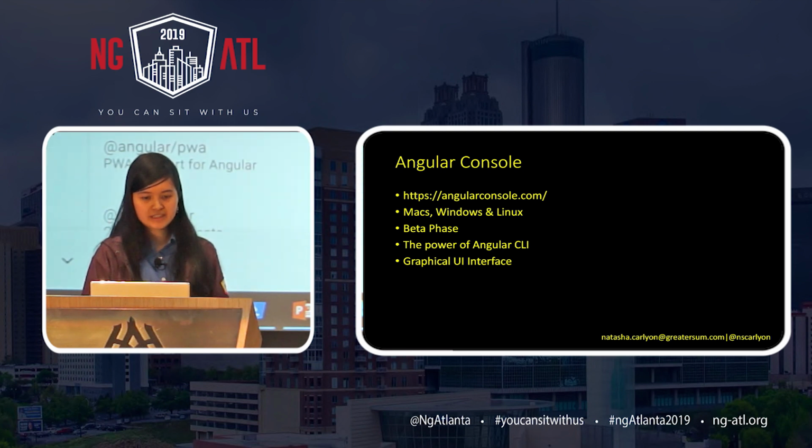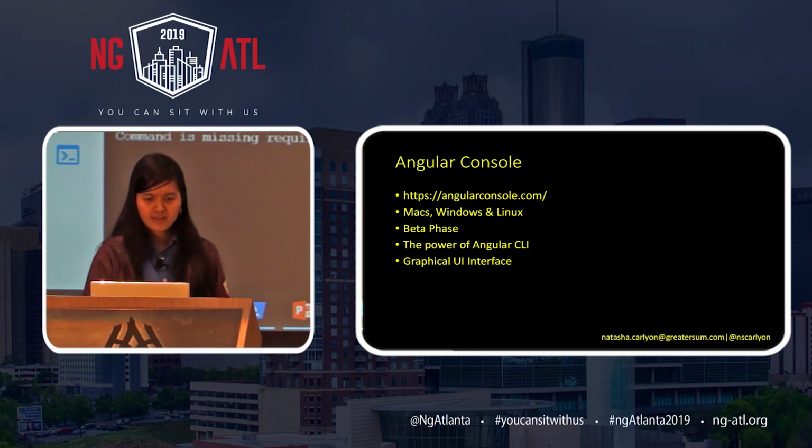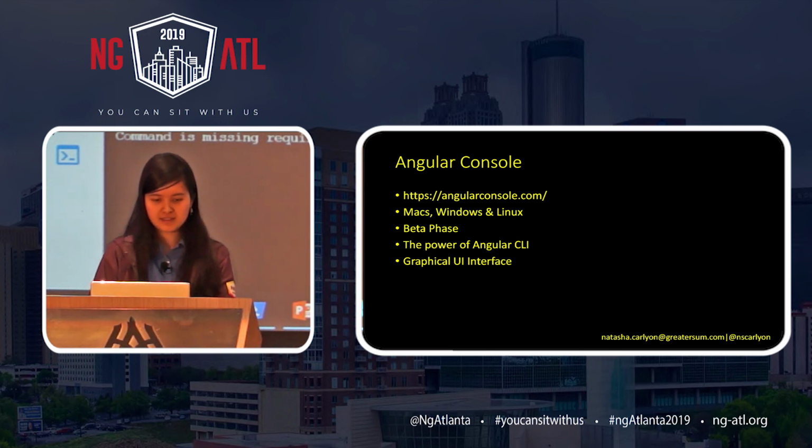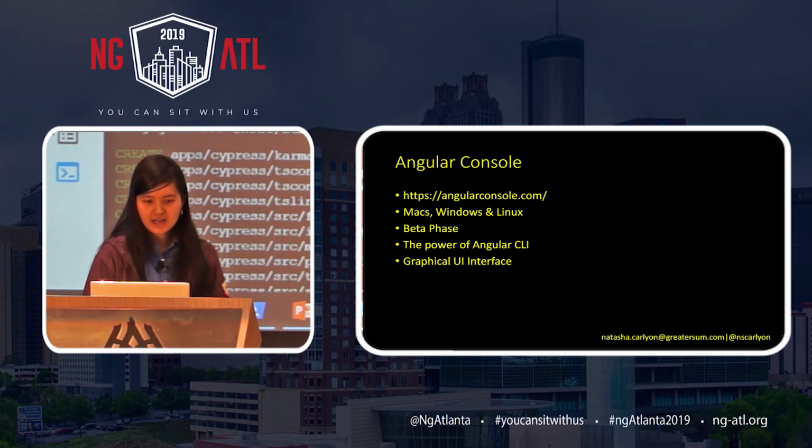All you have to do is, first, you do have to have the Narwhal schematics. But all you need to do is you can generate code, and then you go to application, and then I'll just name it Cypress. Then you go to your optional fields, and you go all the way down to E2E TestRunner right here.